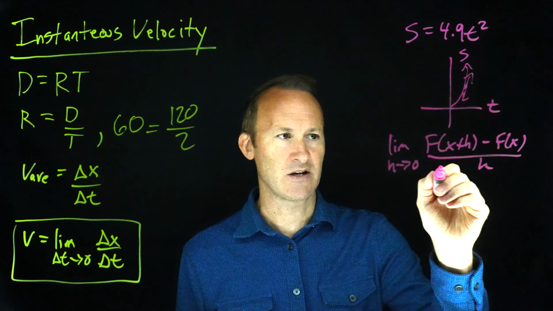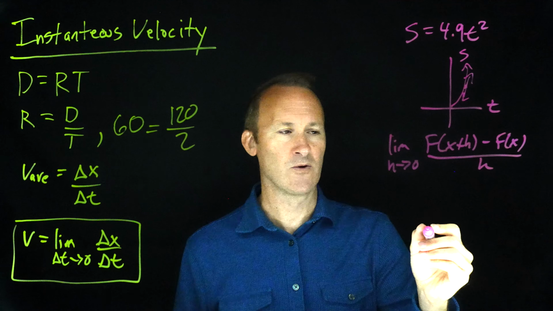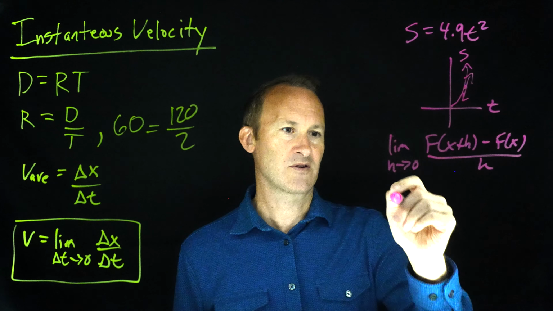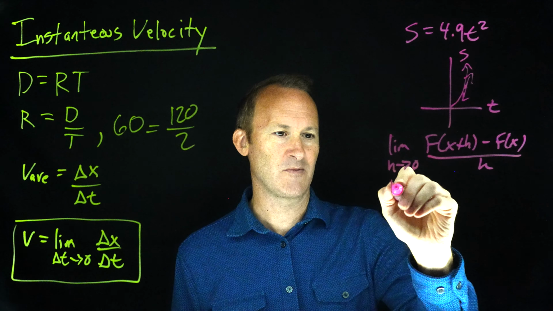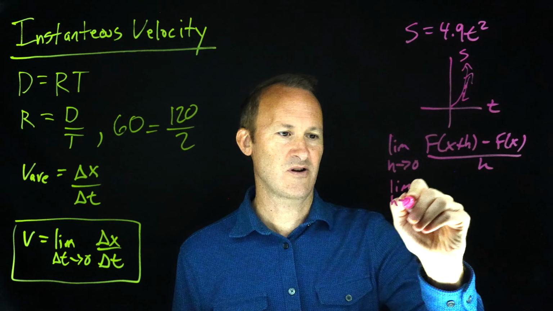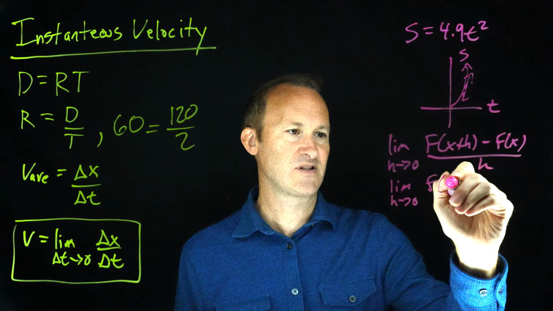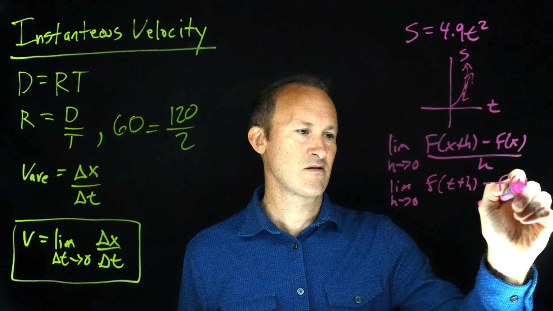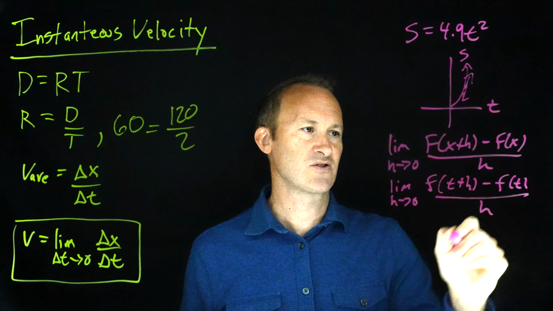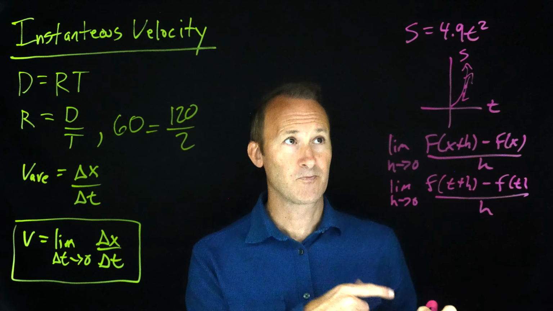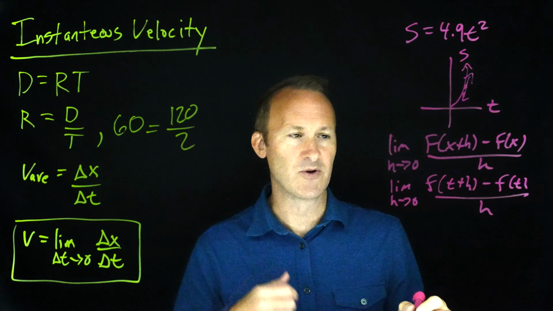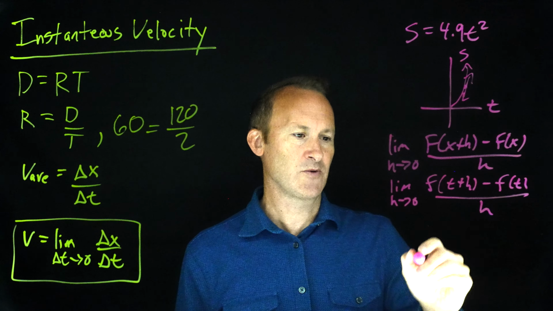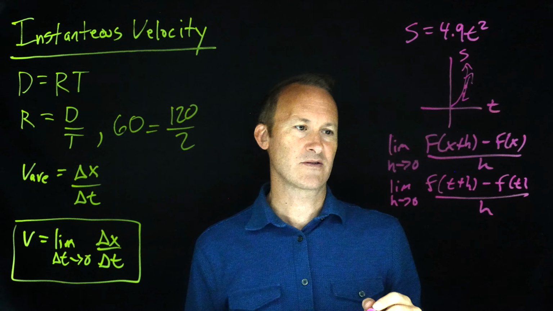The variables can interchange, of course, what they stand for, and so if you like, we could say limit as h approaches 0 of f of t plus h minus f of t all over h, since we're looking at t as our variable here. Okay, so how do we do this? Well, we know how to do this, right?